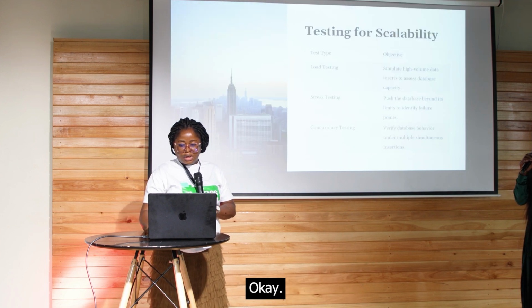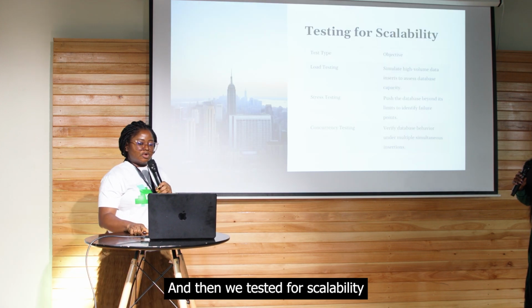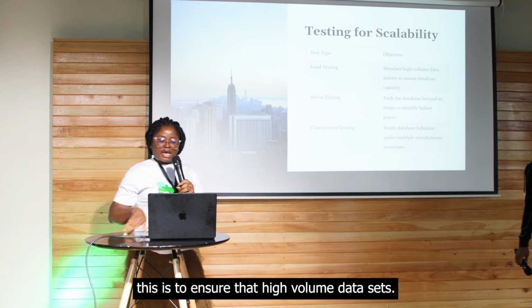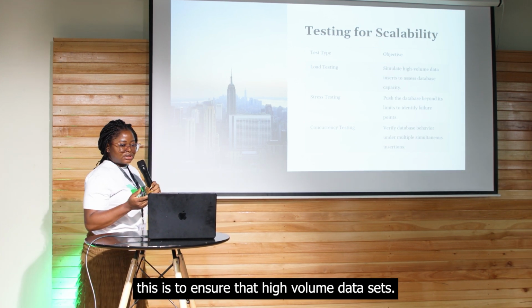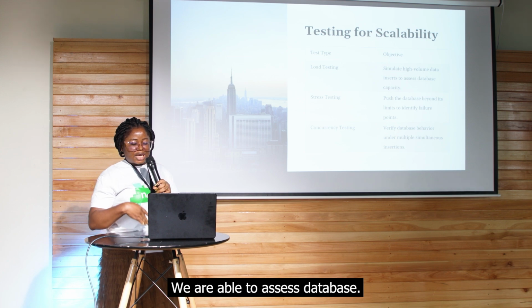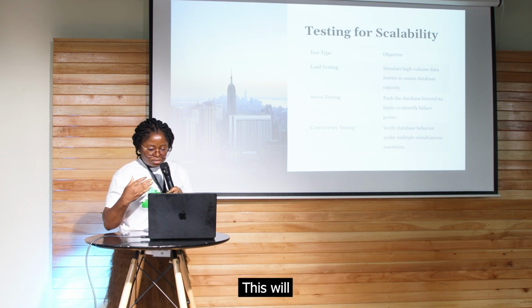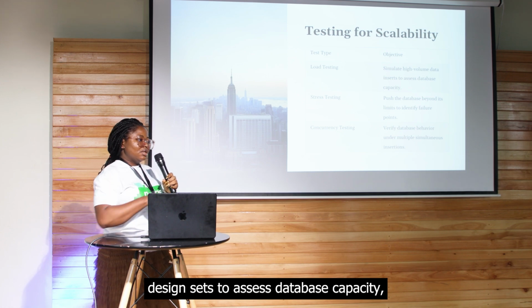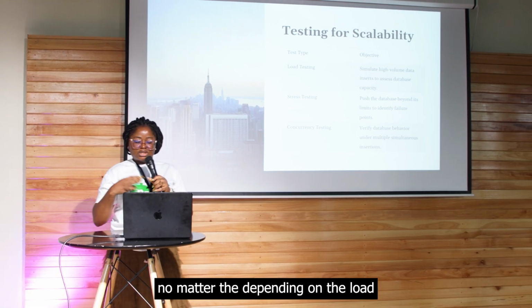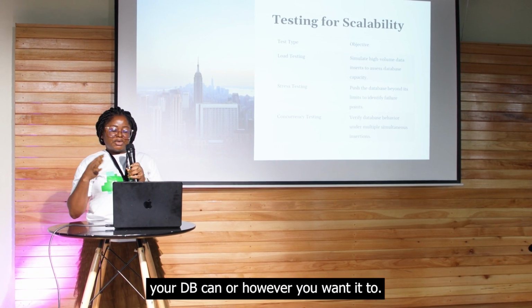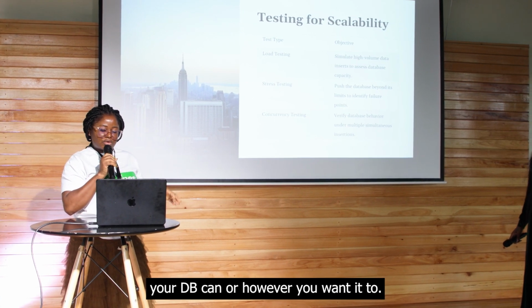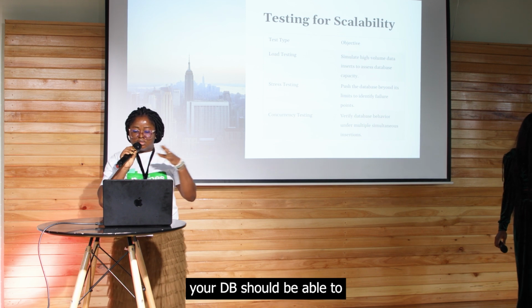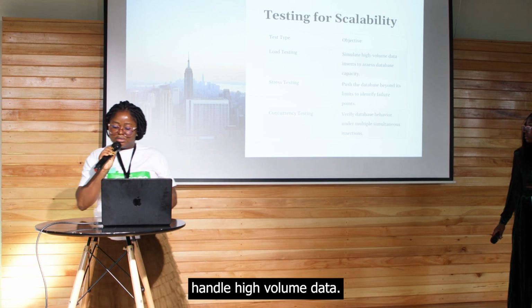Then we're testing for scalability. This is to ensure that with high volume data sets, we are able to access database capacity. This is to simulate high volume data inserts. Depending on the load your DB can take, your DB should be able to handle high volume data.